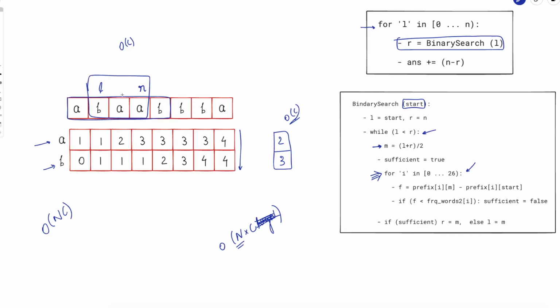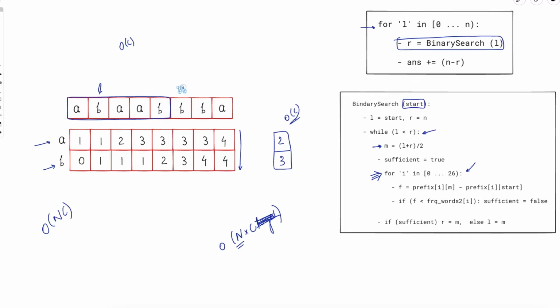And all these characters were present in this part as well, which in turn means that in just this many characters you would get everything you need. But that is a contradiction, because you said in the first place that this is the first character where you will have everything you need, right? So what that means is our R is non-decreasing. When you increment your L, either your R will stay the same or your R will increase.